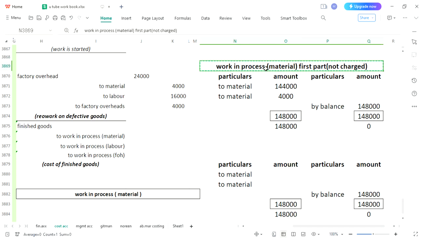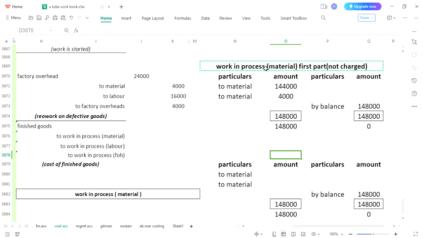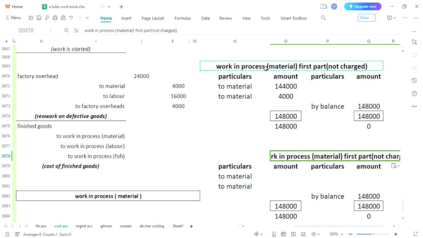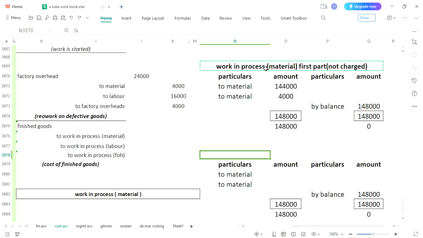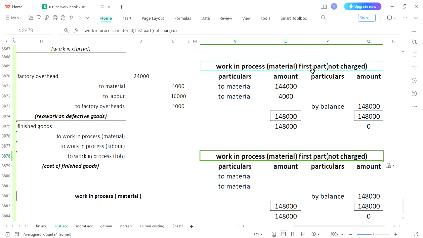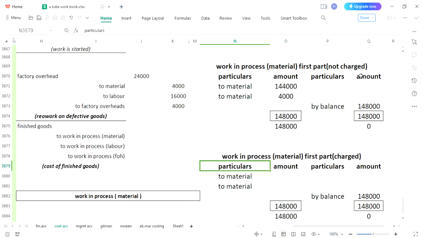the second part where loss is charged to the production. So you will put this heading over here as well, and you will change it when loss is charged to the production. Here, not charged and charged. Now I'm reminding you again.